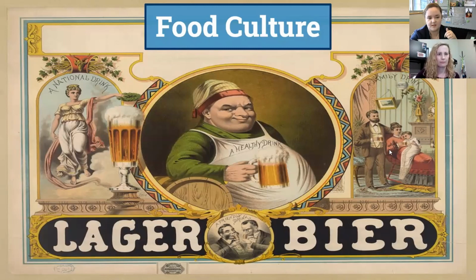Well, the mother's holding the beer stein, but it looks like the baby's drinking the beer. A healthy drink and a friendly drink. So food culture is definitely a big factor. In my opinion, it's a big factor as to why you might choose a place to live. So for example, if you're someone who keeps kosher, you're not going to want to live in a place that is nowhere near a kosher deli, right?